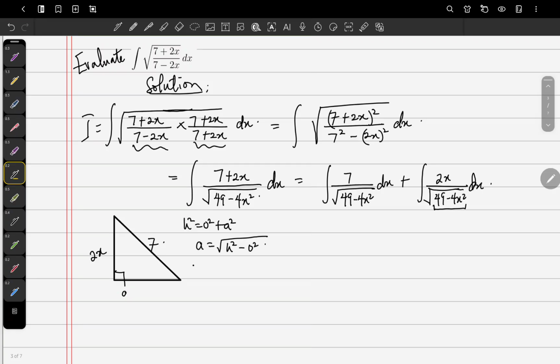So the adjacent here is the square root of 7 squared, that is 49, minus 4x squared. So this would be an appropriate substitution to do.